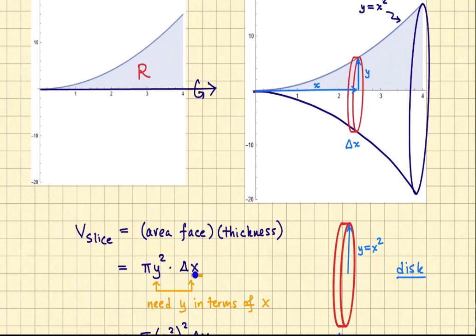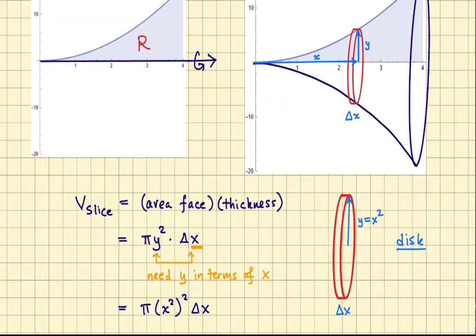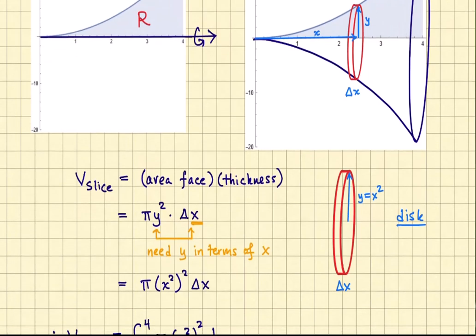So since this is a delta x, we need to get y as a function of x. Well, thankfully, we have this right here at our disposal. We know that y is equal to x squared. So we replace y with x squared. It's still squared from finding the area of the face. And so now the volume of our slice is pi times x squared, quantity squared, delta x.